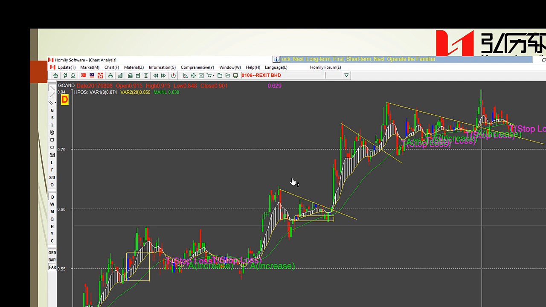We should wait until another buy point appears. So we can wait until another blue candlestick appears, and then on the second day the price can break out the blue candlestick.